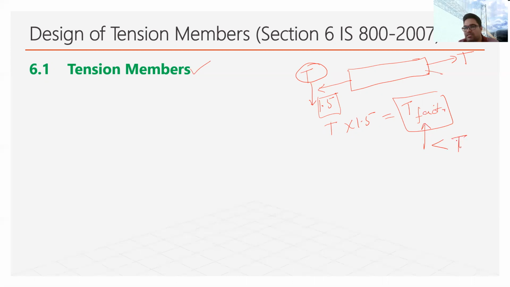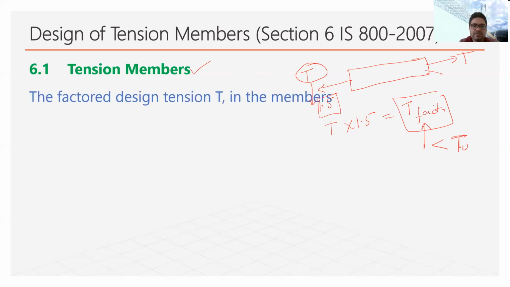I'm saying this as TU. Here you can see the factored design tension T in the member will always be less than TD, where TD is the design strength of the member.